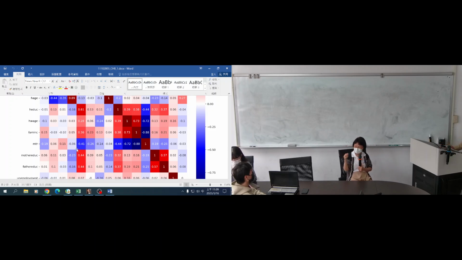Let's think, what's the meaning of hours 0? She's not in the labor force, not in the work market. But do all the X variables affect the woman not working in the market? Does the X variable also explain she does not work in the market, therefore the hours is 0?